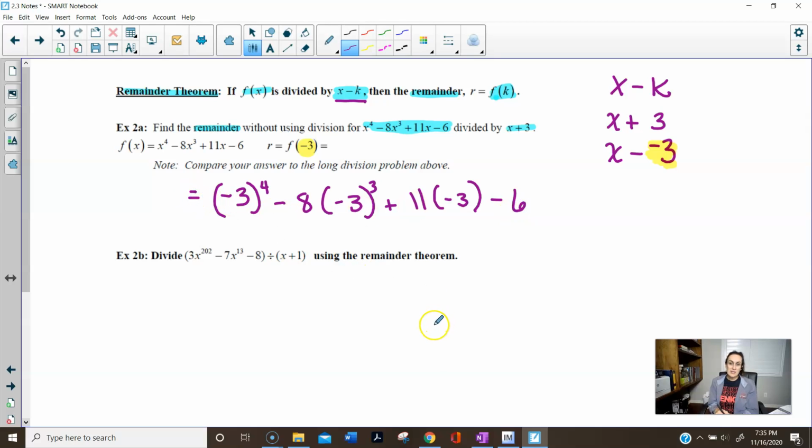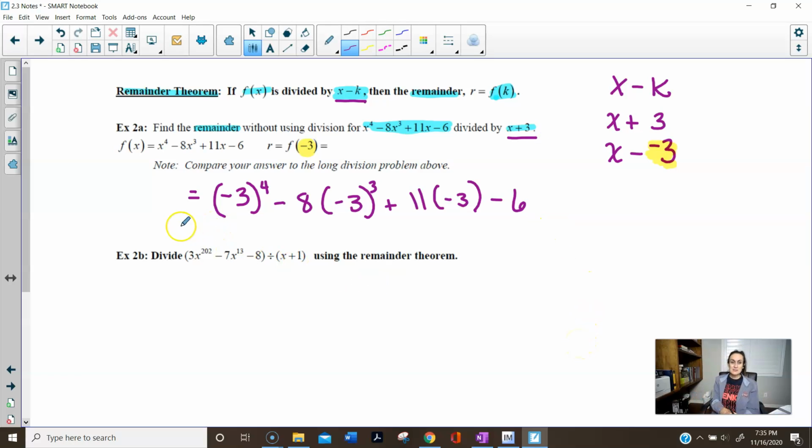And when I solve this, if I were to use long division, this is going to be the remainder. Now, the reason why this is important is because if my remainder is a 0, then I know it divided evenly. And if it divides evenly, then I would know that x plus 3 is a factor.